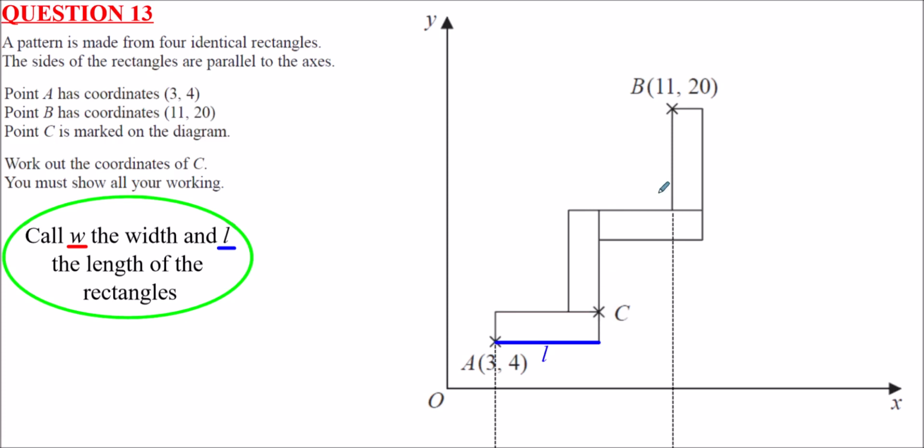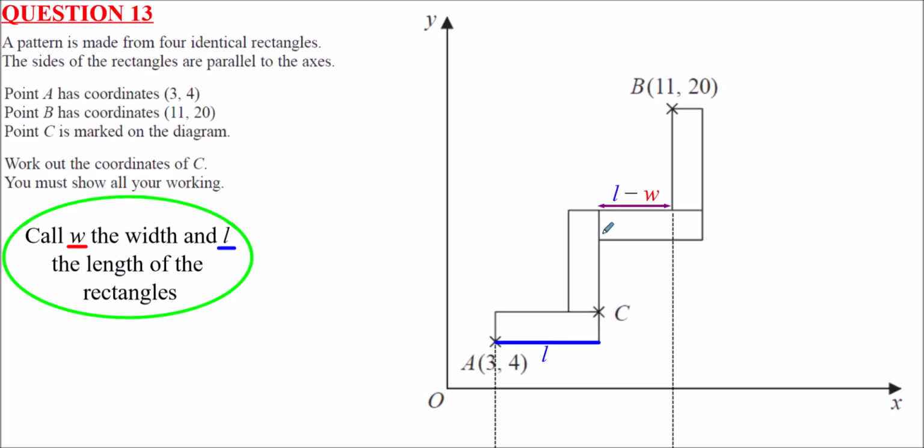Now from here to there is almost a full length, but it's just missing out this bit here. So it's this full length apart from this here, which is a width. So this section here, which I need extra, is the length without the width. That's L minus W. So in total, from this point to that point is L plus L minus W. L plus L is 2 L's.